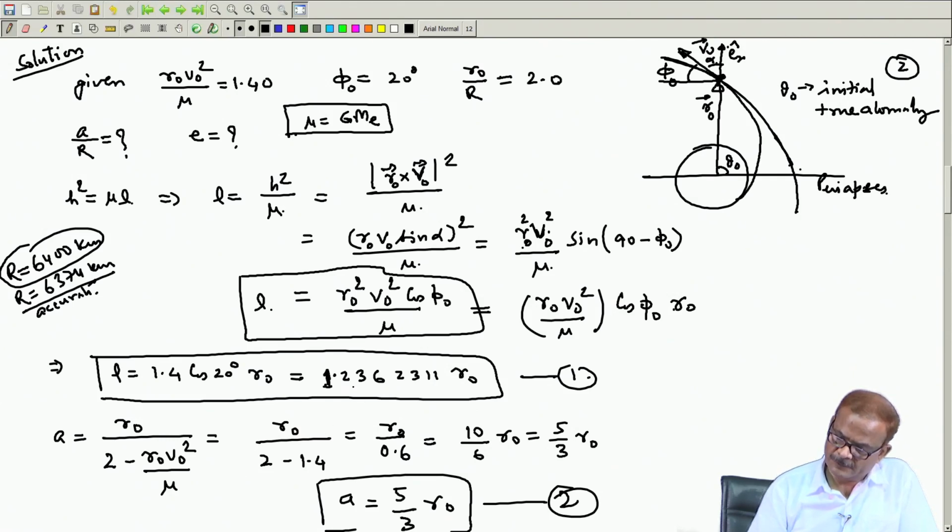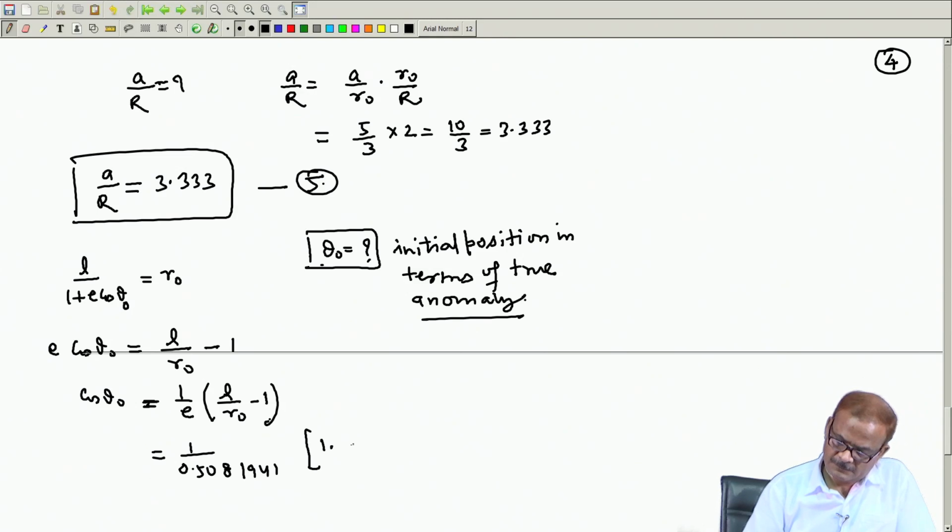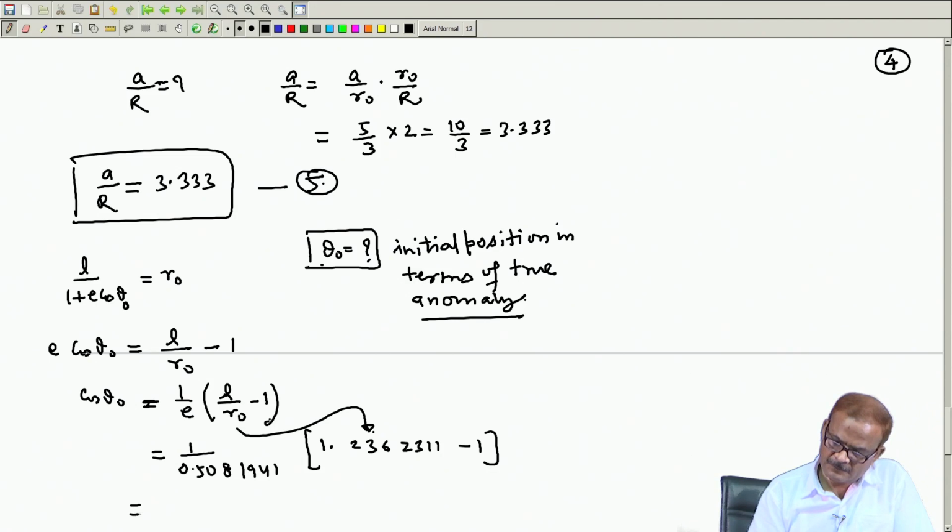L equal to 1.23. So, L by r0 from here becomes 1.2362311 minus 1. This is the L by r0. And once we solve this, we get cos theta 0 equal to 0.2362311.